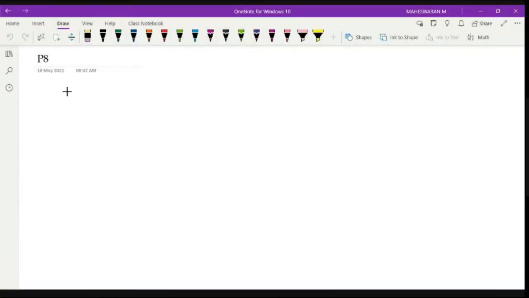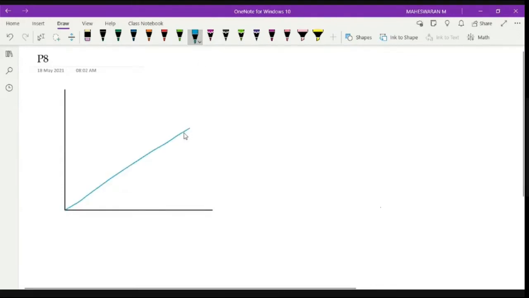Consider you have your x-axis. If I have a force F, and you have an angle theta x, let me consider this as theta x. If you resolve this, I will get the F vector in terms of Fx I vector plus Fy J vector. So what is your Fx actually?